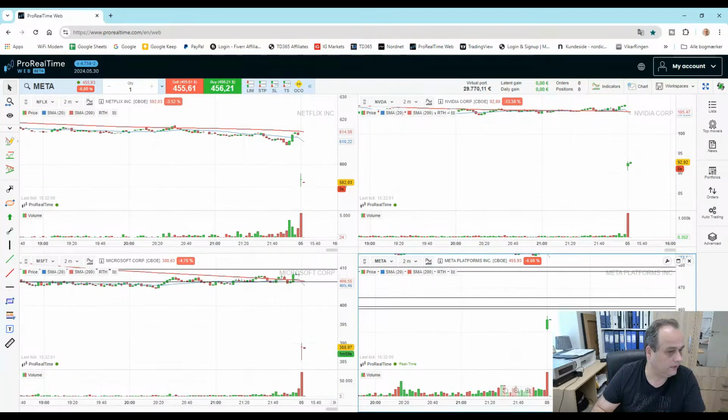There we go. Okay, so now the first 2 minutes has gone, and basically none of them has produced anything according to the rules that I have learned. Nvidia is probably forming maybe 2 tail bars. This could be interesting, but I need to see them close.